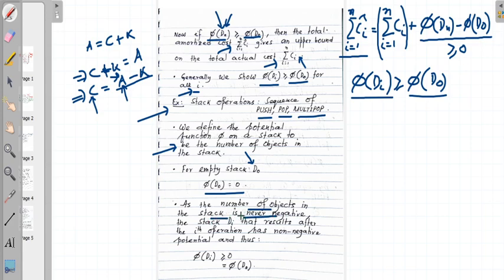How can you ensure that? Who will be telling? Where are we ensuring that? Can you tell me? The number of objects in the stack is never negative. How can I claim that?